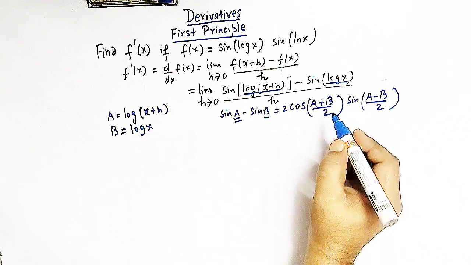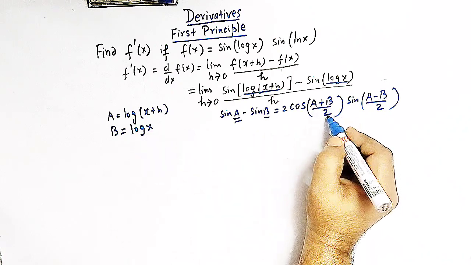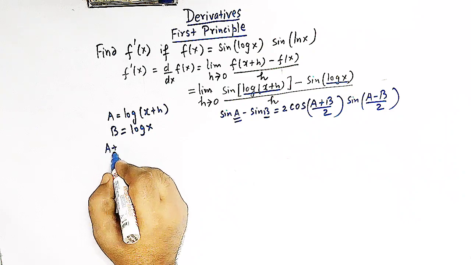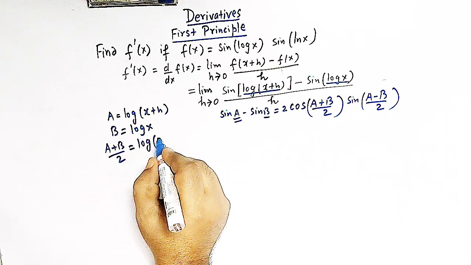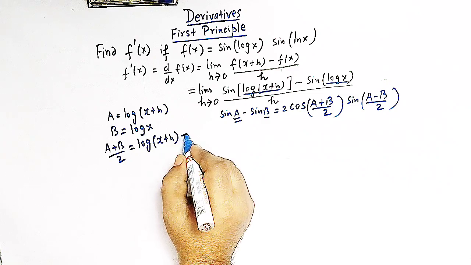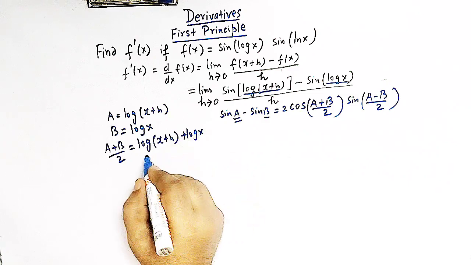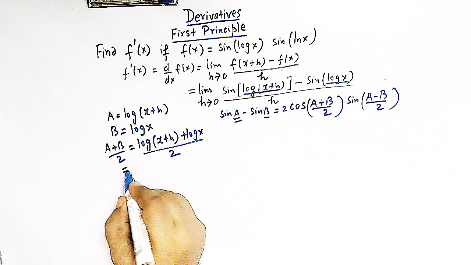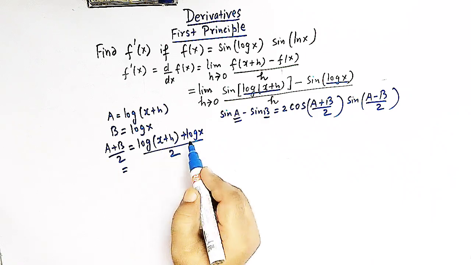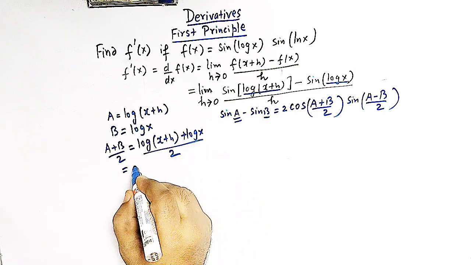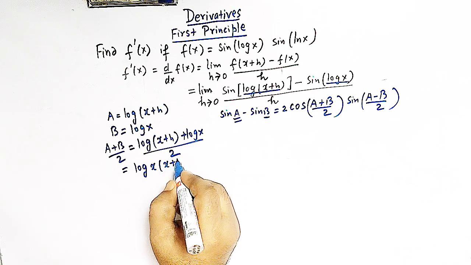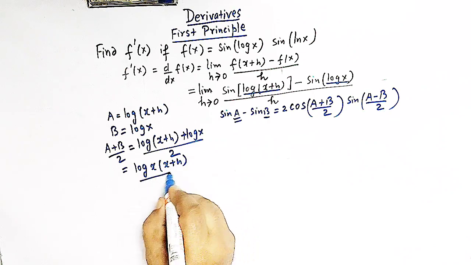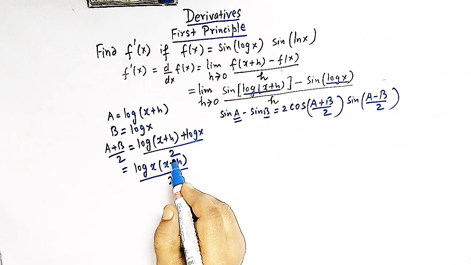So let us find a plus b over 2. So a plus b over 2 is given by log of x plus h plus log of x divided by 2. So here log of x plus h plus log of x can be written as log of x times x plus h, and here we have 2, right?